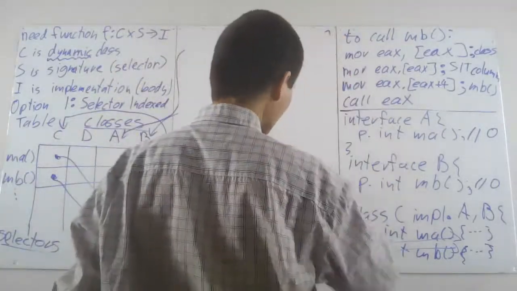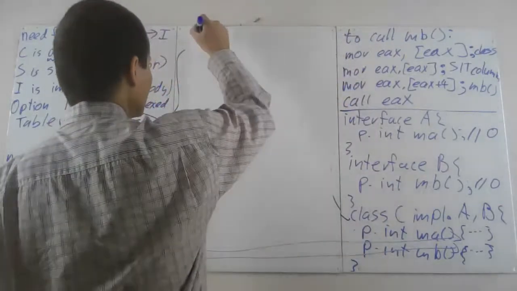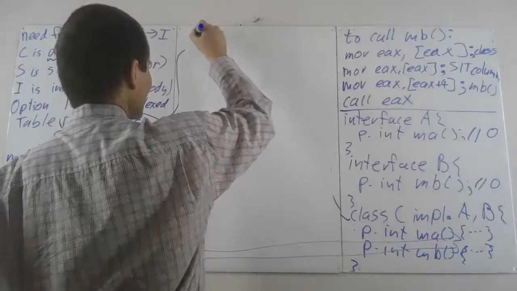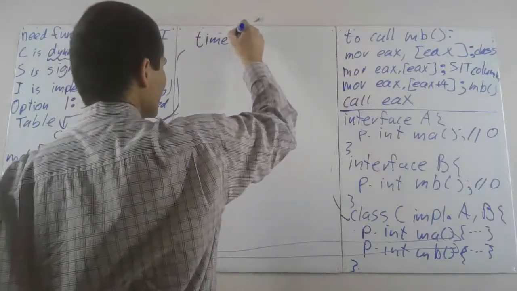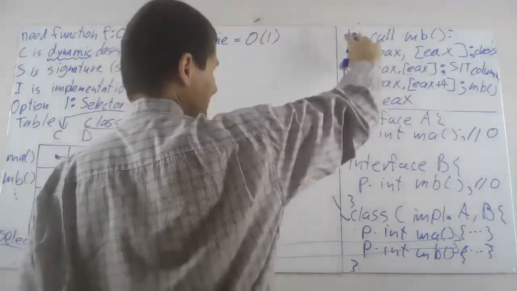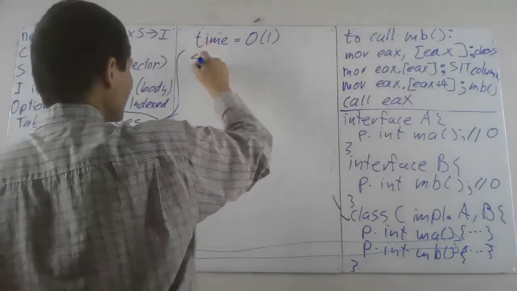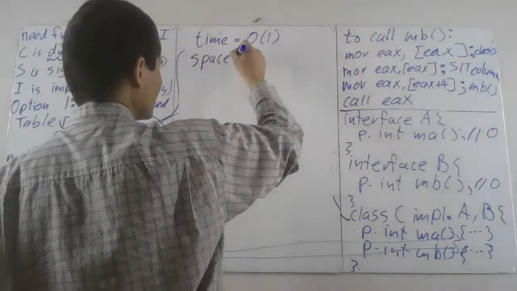So what's the downside? Well, the upside: the running time of a call is constant time, right? It's like 3 move instructions and a call. And the downside is the space.